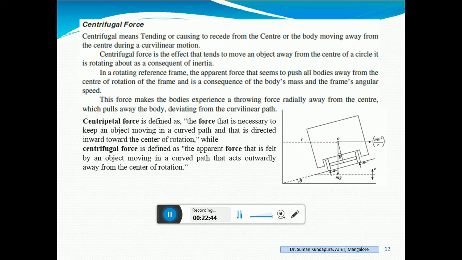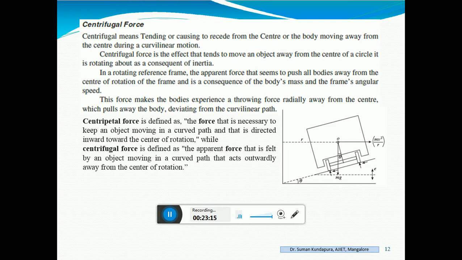So there is a push from inside towards outside. Likewise, even on a horizontal road, when there is a curve, there is an outward force acting on the vehicle. It makes us feel thrown from the curved path. Some force is experienced by the people sitting inside the car.